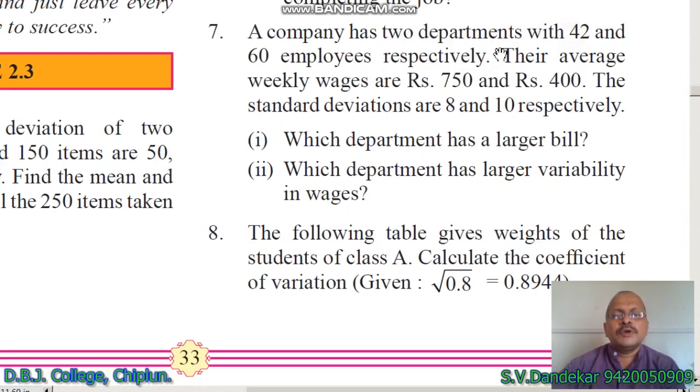So 42 into 750, compare it with 60 into 400 and then decide which department has the larger bill. Also coefficient of variation will give you the larger variability of the wages.